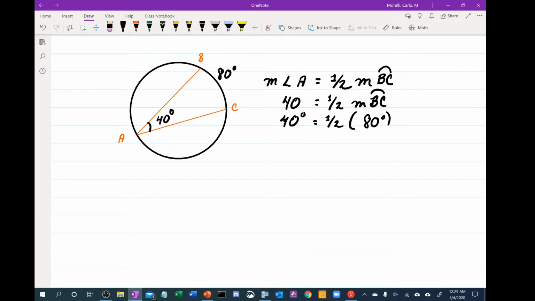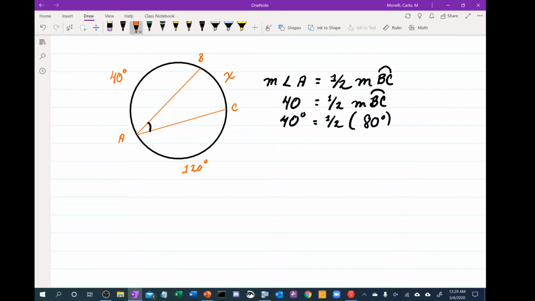So sometimes you're not given this information. Sometimes you're given the other information. I'll give you an example. So sometimes you might be given that this is 40 degrees out here, and that over here it's 120 degrees. And you're asked to find this. What is this arc here from B to C?